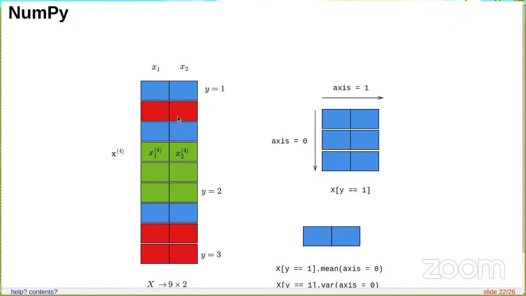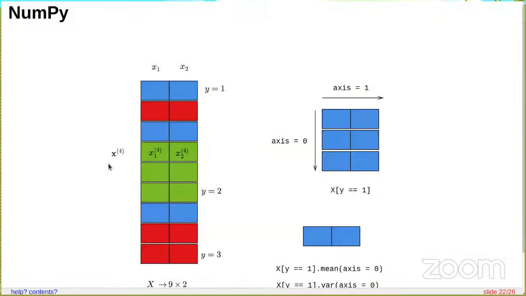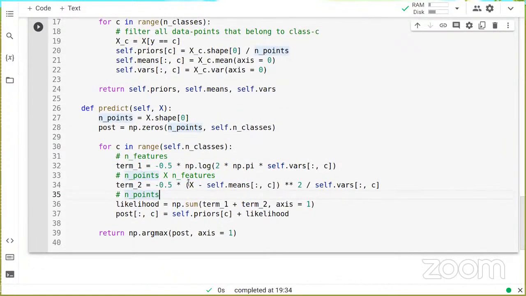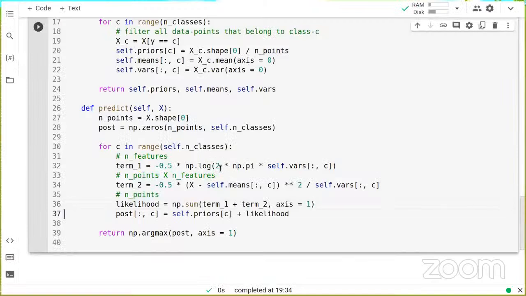Same feature 1 variance, feature 2 variance, you divide for row 2. So that is how you end up with the same dimension as X, the data matrix, n points cross n features. Now we are in log space, right? So we can just sum the log probabilities for feature 1 and feature 2. That is why we sum across axis 1. Is this any better now?